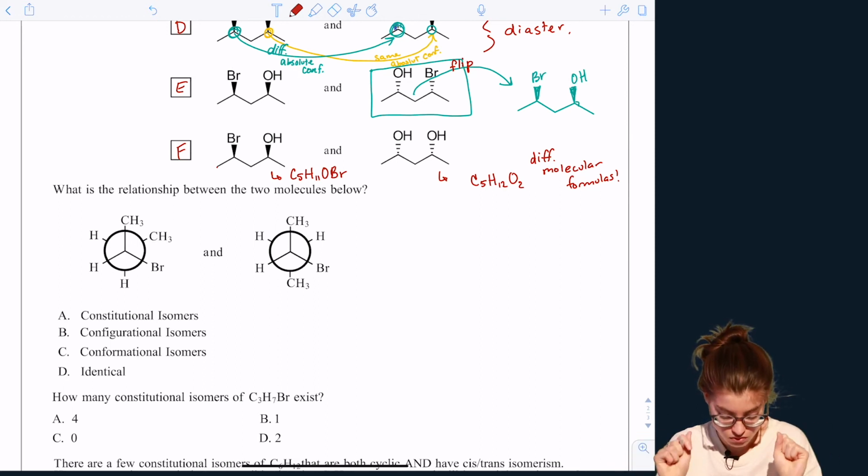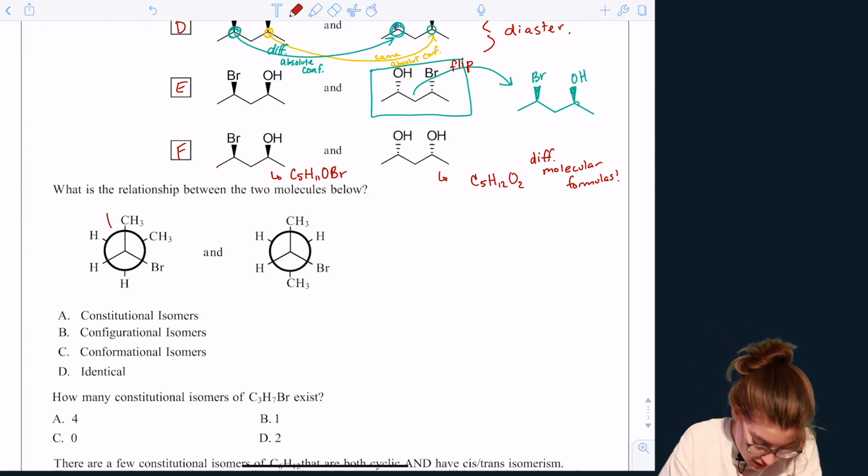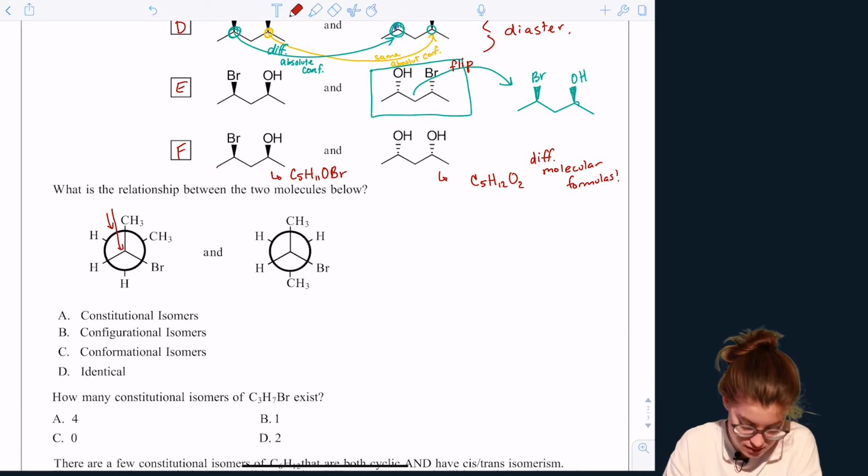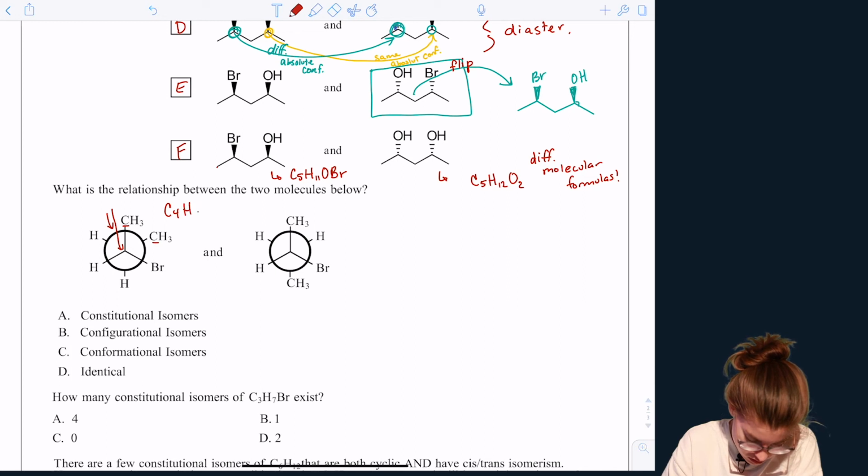So what's the relationship between the two molecules below? Well, first let's check to make sure that they are in fact isomers. I've got the carbon in the back of the Newman projection, and I have the carbon in the front of the Newman projection. So that's 2 carbons, plus this carbon and this carbon, so that's 4 carbons, so C4. And if I count up all of my hydrogens, that's 6, 7, 8, 9.